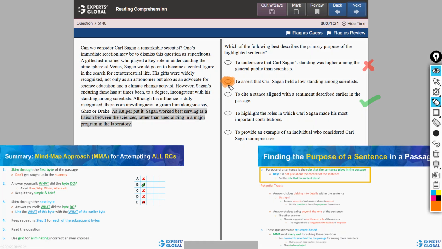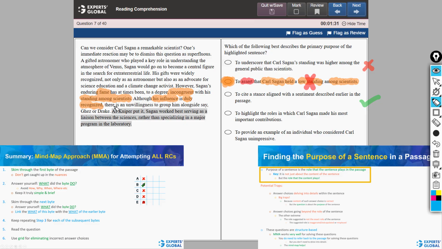Number 1, it is not that our scientist held a low standing among scientists. Yes, there is an incongruence between his fame and his standing in general. But see, the passage also talks about the influence of our scientist being duly recognized in the scientist community. Therefore, suggesting that our scientist held a low standing is harsh and incorrect.